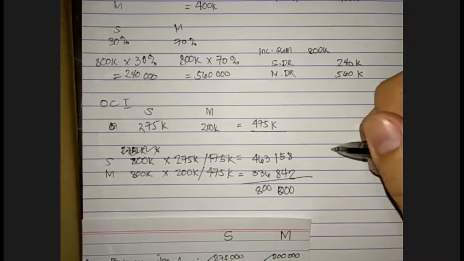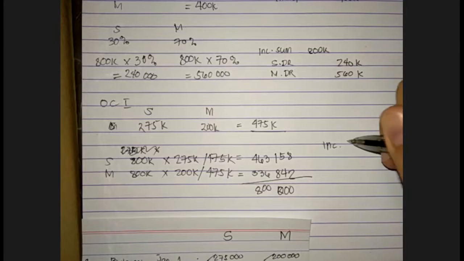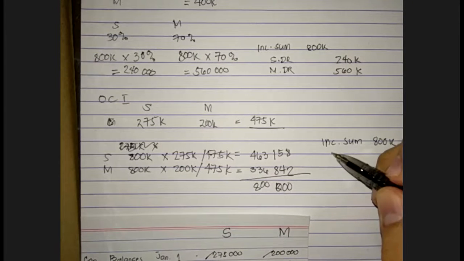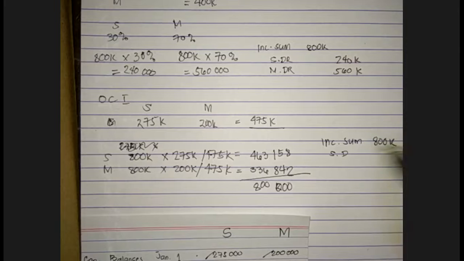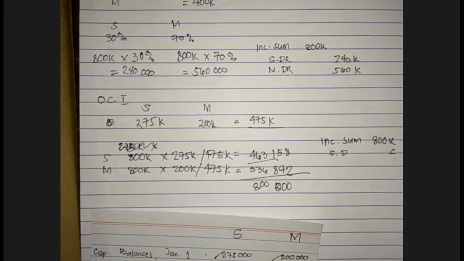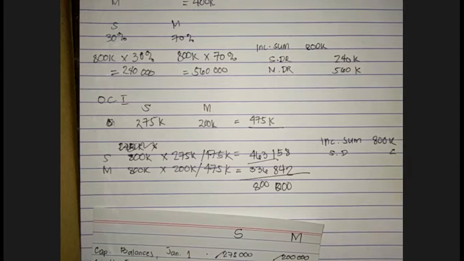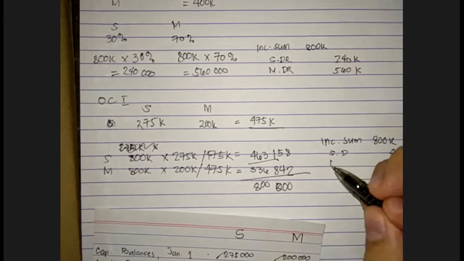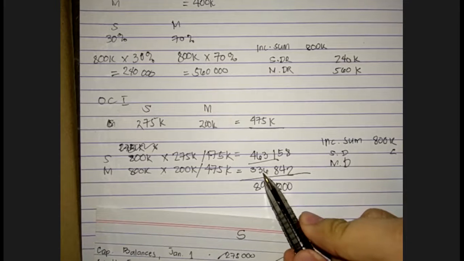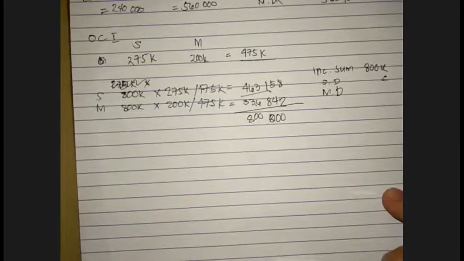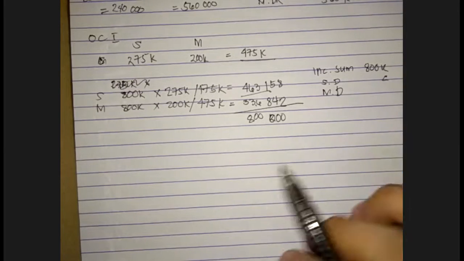So, entry to record, debit ng income summary na 800,000, credit ng S drawings na itong 463,158 and credit ng M drawings ng 336,842.